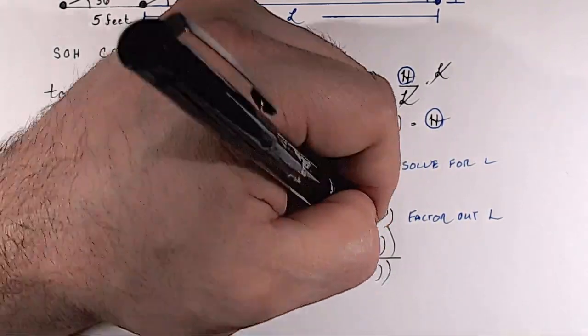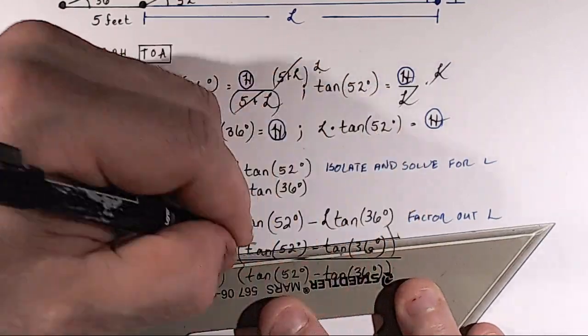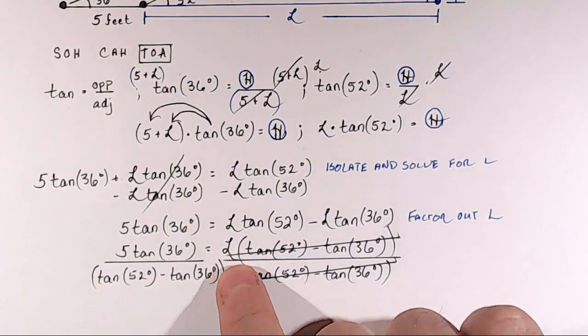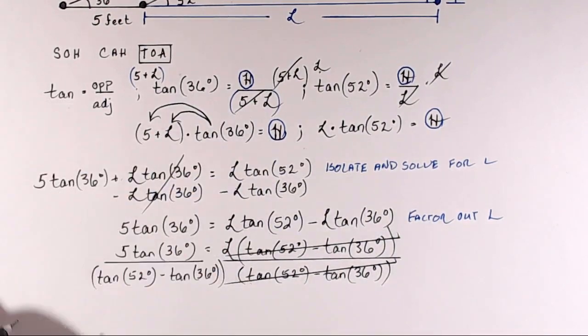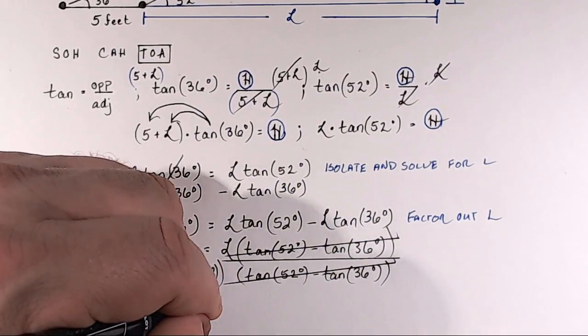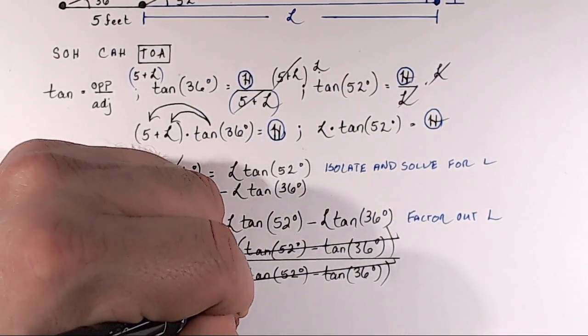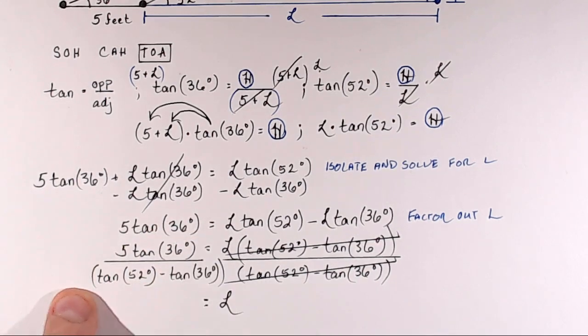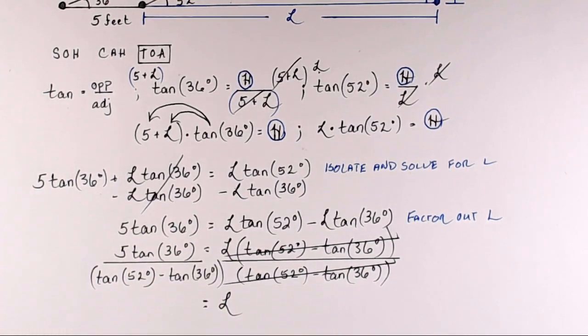On the right side, these cancel out, leaving L by itself. I won't flip it, I'll just say this equals L. L equals 5 times tan of 36 divided by tan of 52 minus tan of 36.